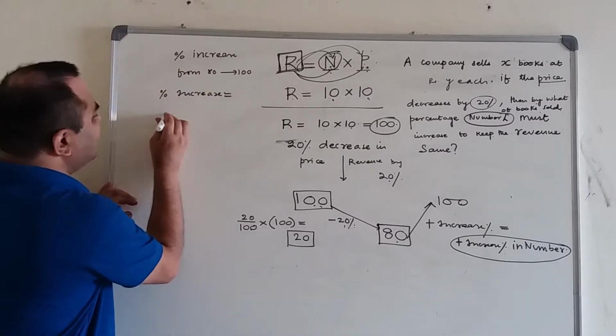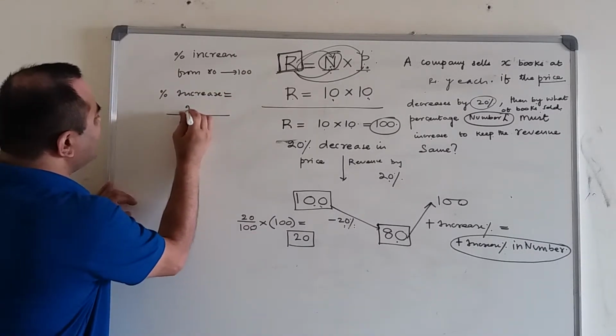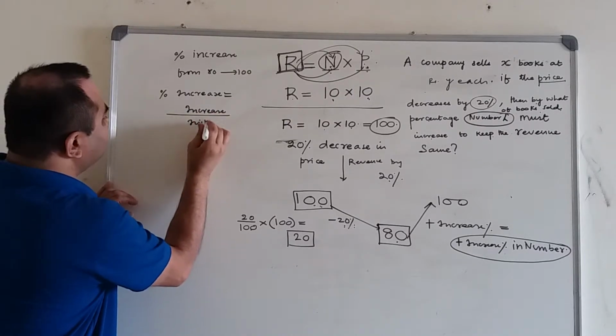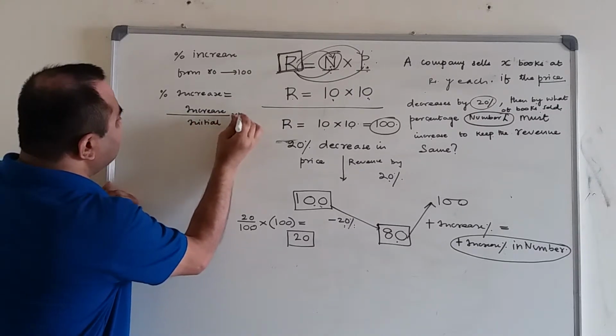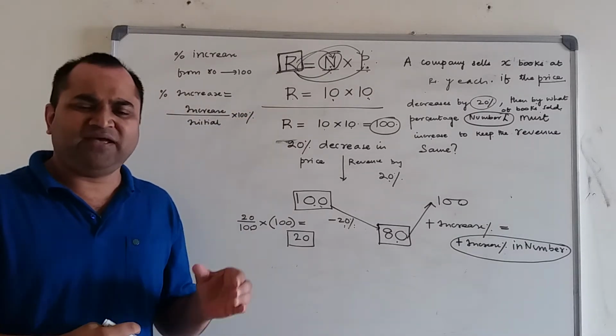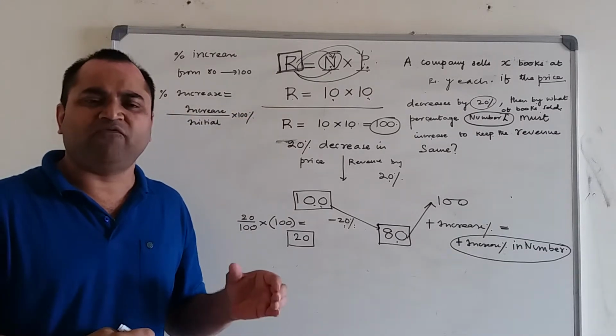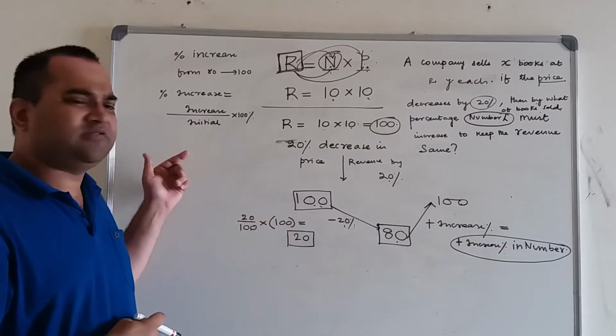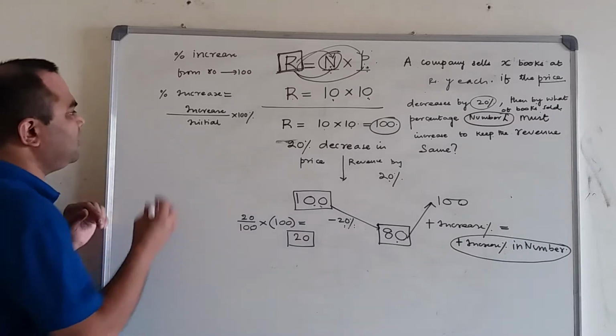Percentage increase can be found in this way: amount of increase on initial value into 100%. This is the formula for finding percentage increase, which we have dealt with in detail in one of our videos on percentage. Kindly watch that and come back to this to better appreciate it.